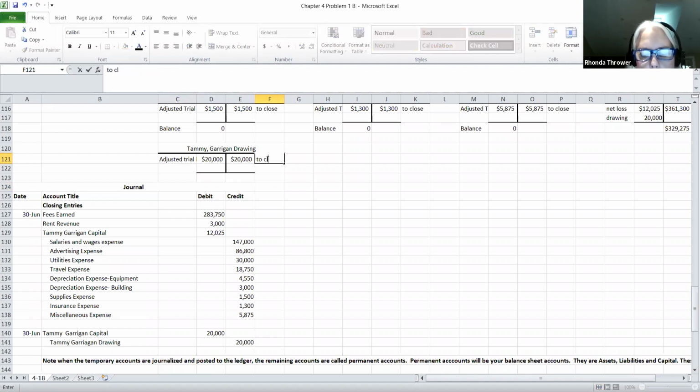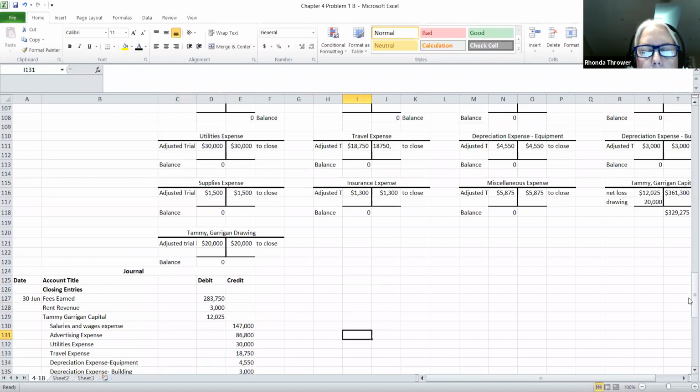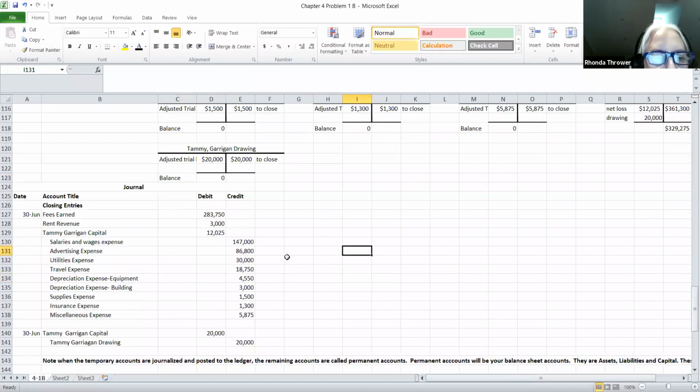To get rid of it, we're cleaning it up, we're closing it, so that our drawing account will end up with a zero balance after all of these transactions are posted to the ledger. Remember, these T accounts are just representing the ledger accounts. They're just tools that help us to figure out what to put in our journal.